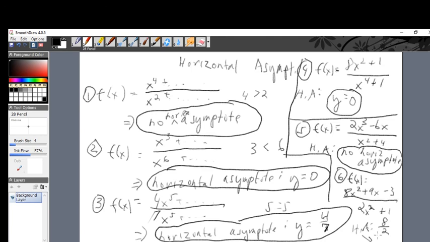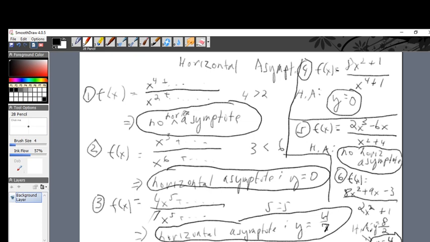Here with no horizontal asymptote, I didn't have to write y. But where the asymptote is y equals 0, I had to write y as part of my answer. So you reduce the 8 over 2 and you get y equals 4. That's the answer. That is the horizontal asymptote for number 6.